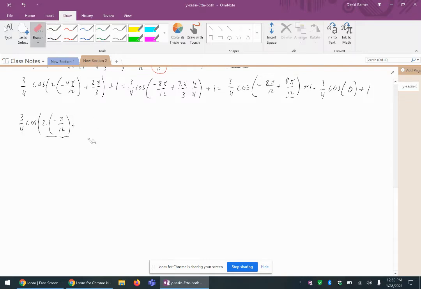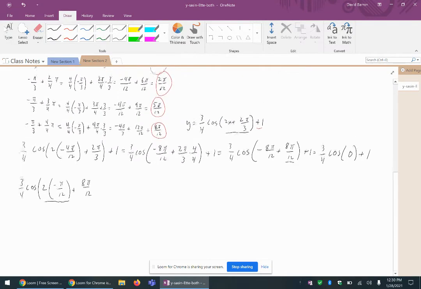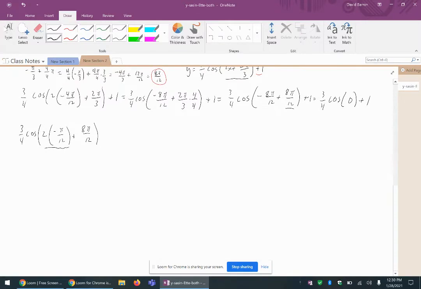So I'm going to skip that, and now write 8 pi over 12 just to save myself a little bit of time. There should be a plus 1.